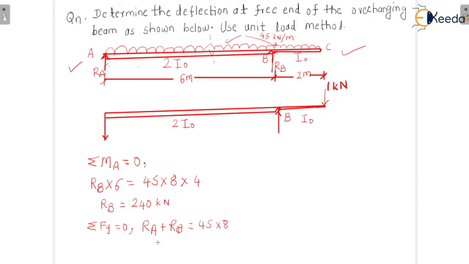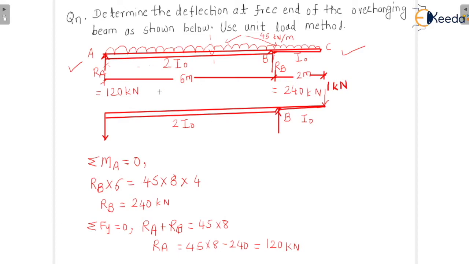Now Ra is equal to 45 into 8 minus Rb, which is 240. So we arrive at Ra equal to 120 kilonewton. Okay, so we are getting Ra equal to 120 kilonewton, whereas Rb is equal to 240 kilonewton. So these are our support reactions.